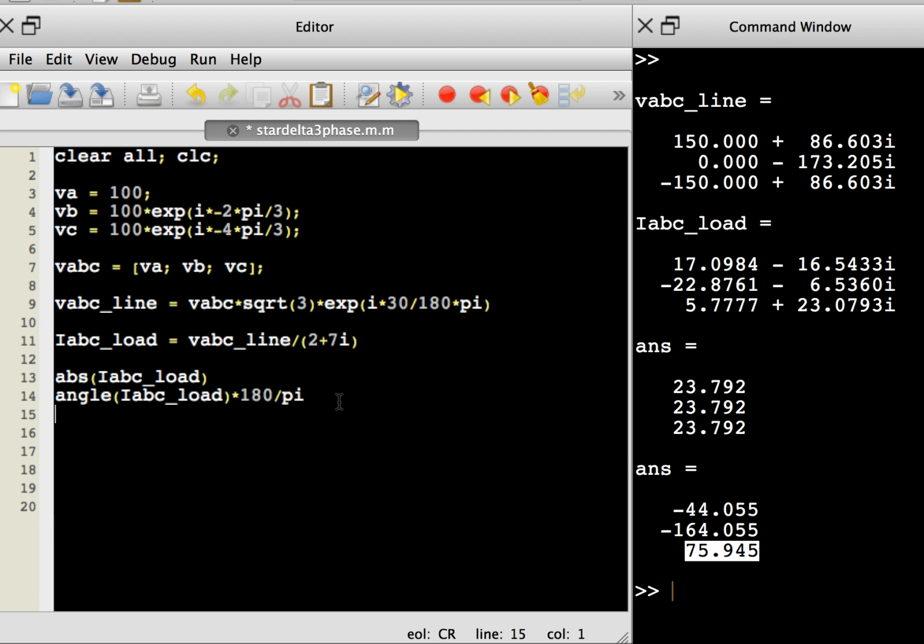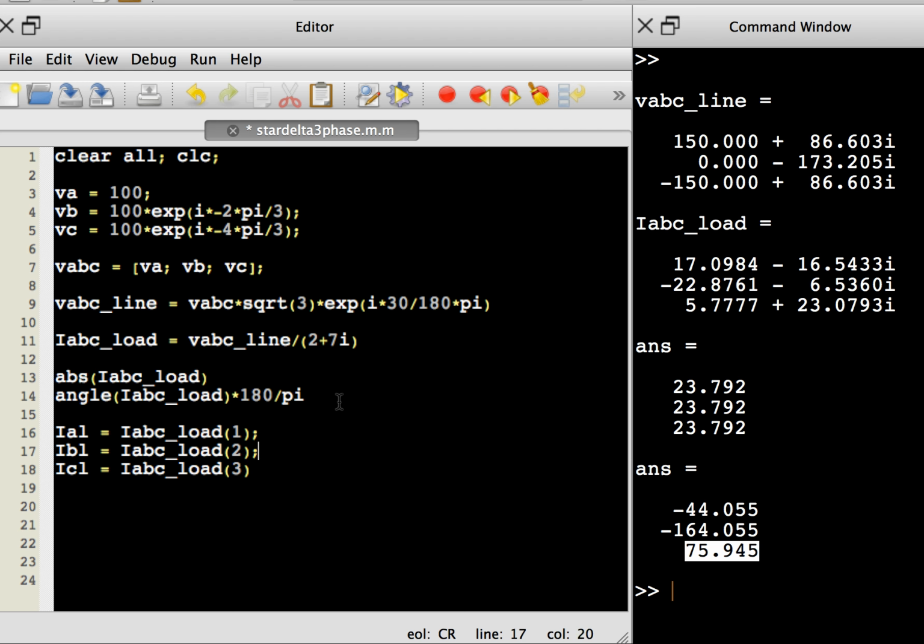This is just for display purposes. IAL equals IABC of load, first element, IBL the second element of the matrix, and ICL the third element.